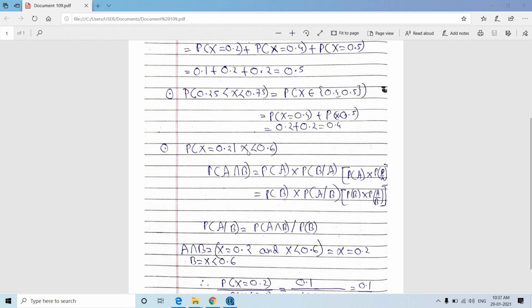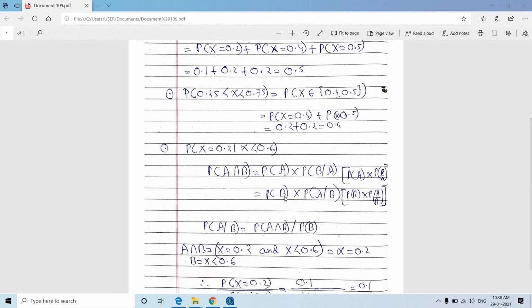Now in this particular question, what is A? A is x equal to 0.2, and what is B? x less than 0.6. So we are considering this particular formula.